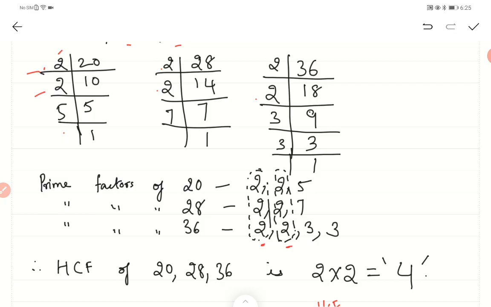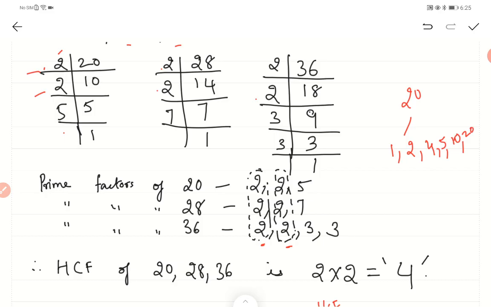So what are prime factors? Yes, prime factors are those factors which are, see, for 20, what are the factors? You have 1 first, and then you'll have 2, 4, 5, 10, 20, isn't it?